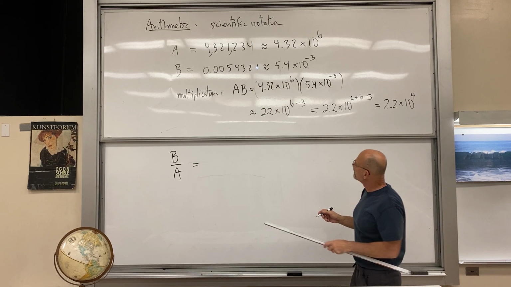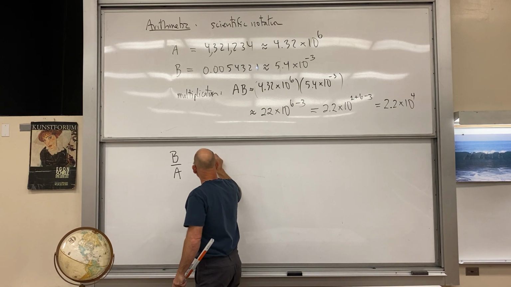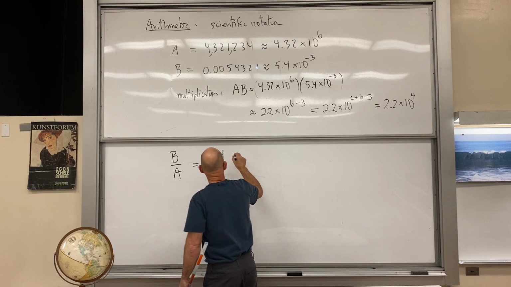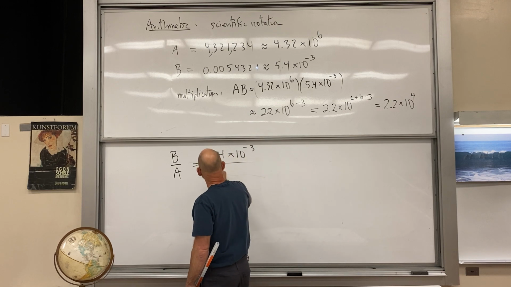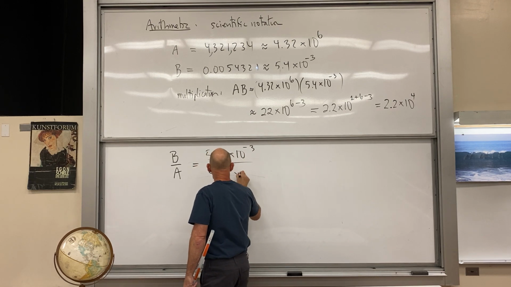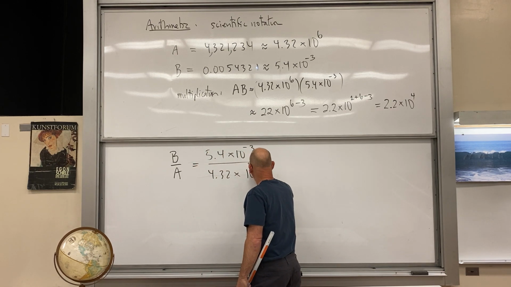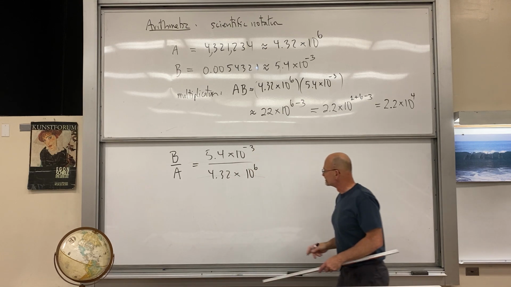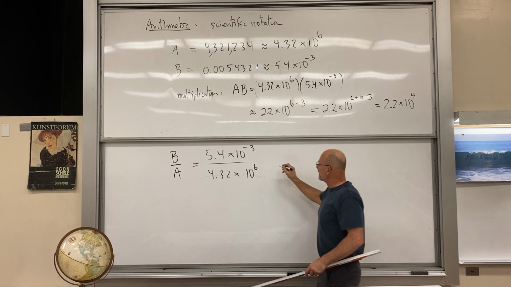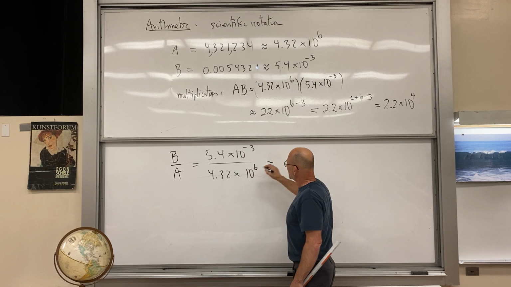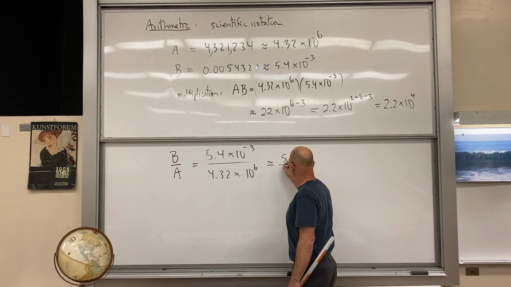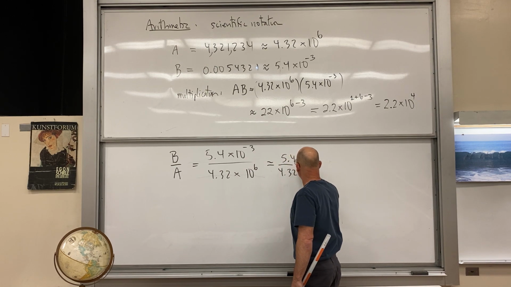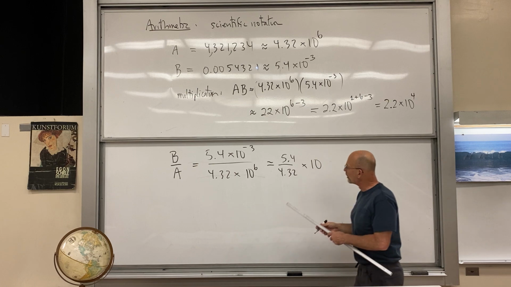So B divided by A, we have a 5.4 times 10 to the minus 3 divided by our 4.32 times 10 to the 6. Okay. So this is going to be 5.4 divided by 4.32 times 10 to the what?